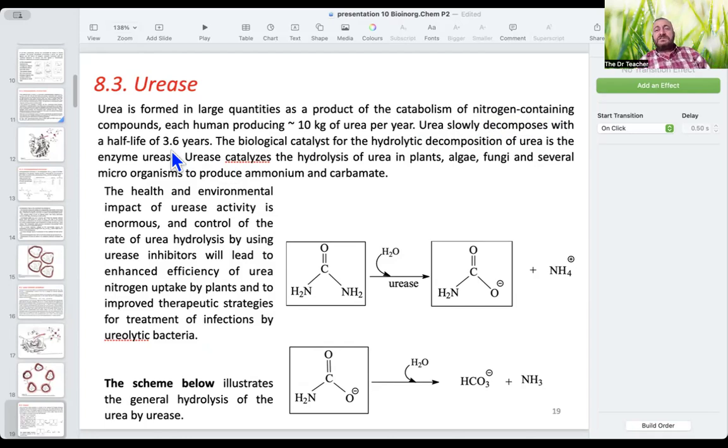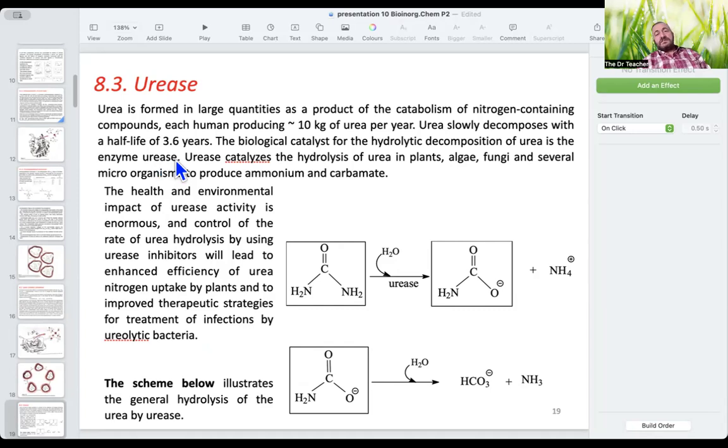Urea slowly decomposes with a half-life of 3.6 years on its own without enzyme. The biological catalyst for the hydrolytic decomposition of urea is the enzyme urease.